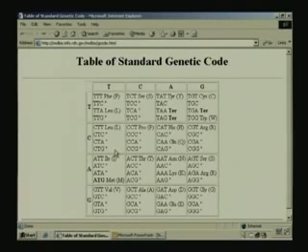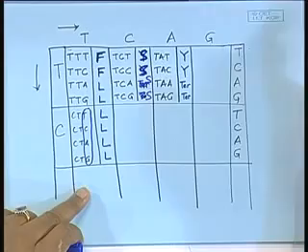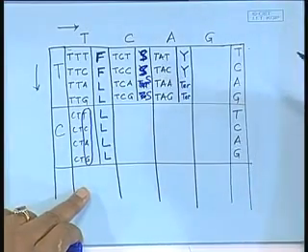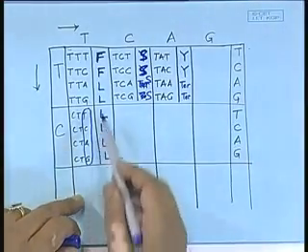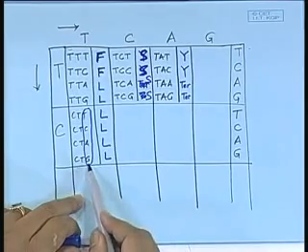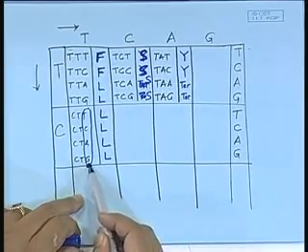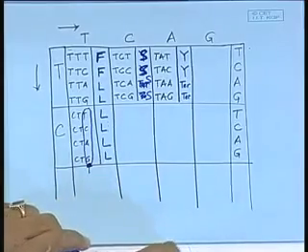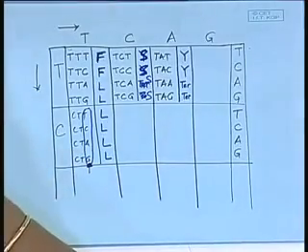Now, the interesting thing here is that for this case the third base actually does not matter. Why does the third base not matter? If you look at the leucine codes, the CTT, CTC, CTA, CTG all give you leucine, right? So, it means that this base may be something else. And where is this base?